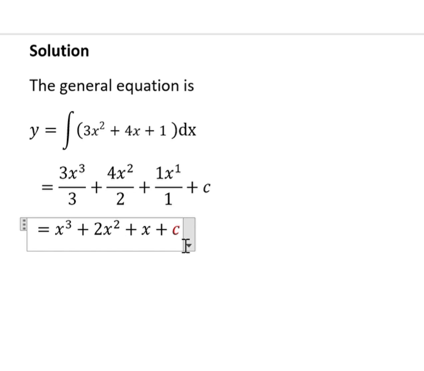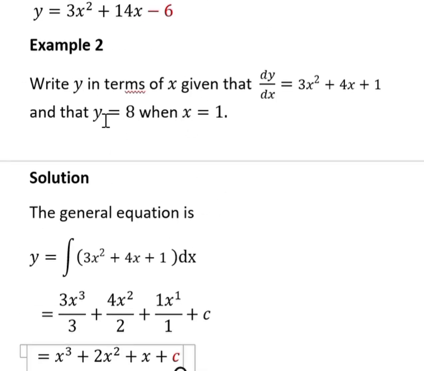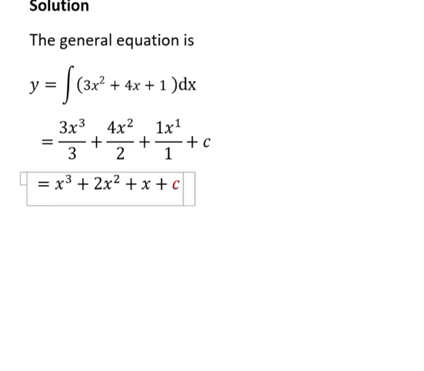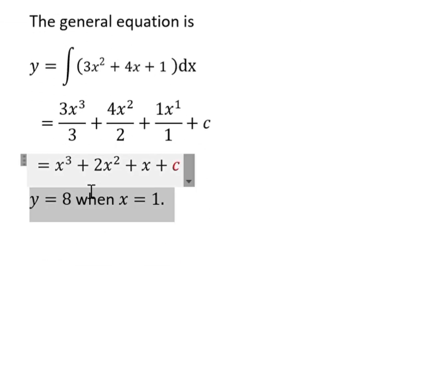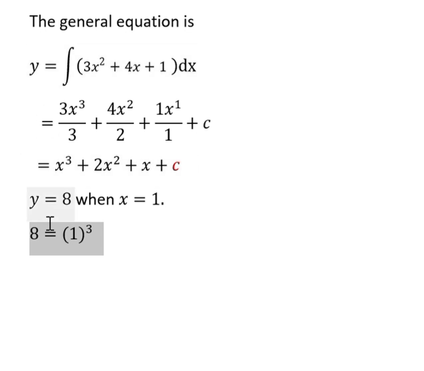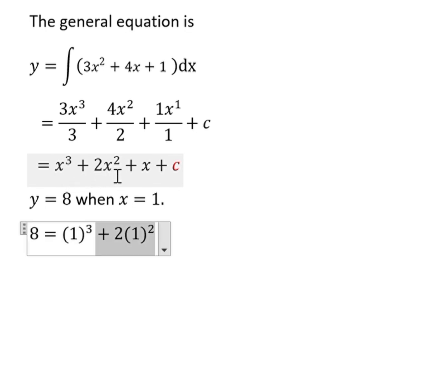How do we get that? Take the coordinates that we are given here, the statement that y is equal to 8 when x is equal to 1. So substitute them in this incomplete equation. So we shall have, instead of y, we shall write the y value, which is 8, being equal to, the x value is 1, so 1 cubed plus 2 into 1 squared plus 1, because x is 1, plus c.